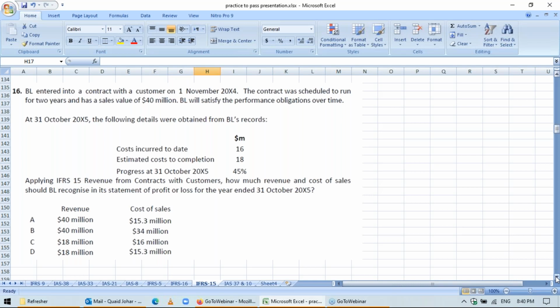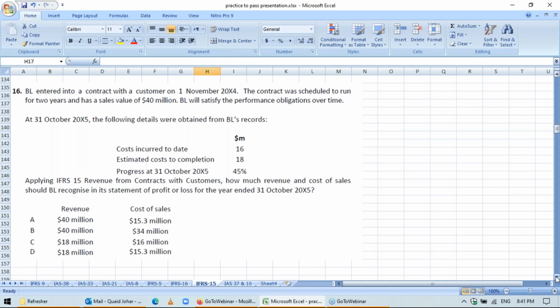Let me give you an important point regarding revenue from contracts with customers. See, when someone receives money, it doesn't mean that the money received becomes revenue. The money received is usually a liability because you have to do something against it.